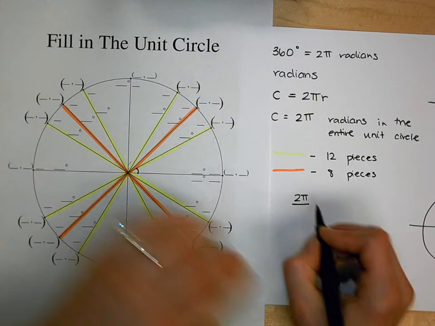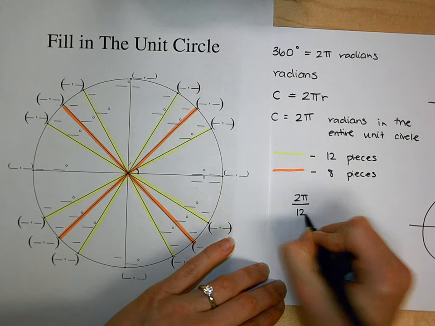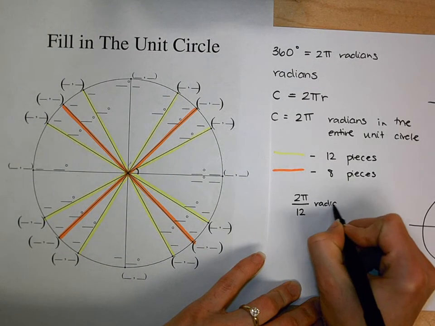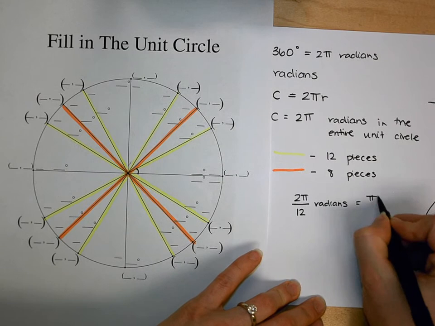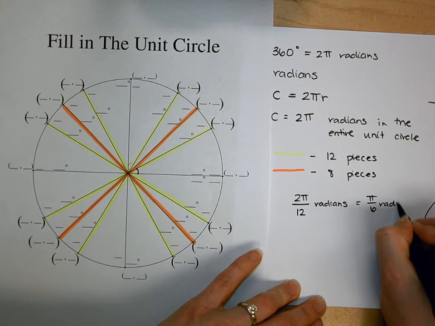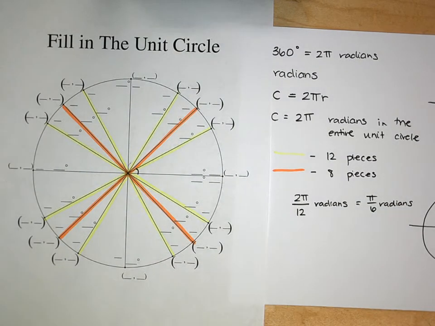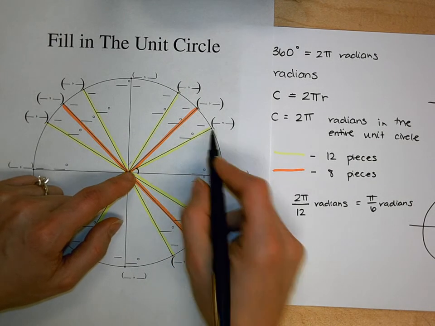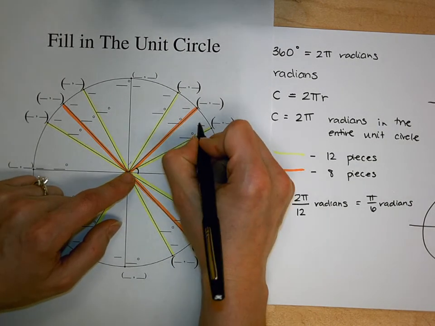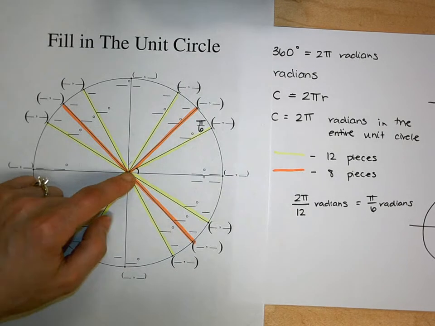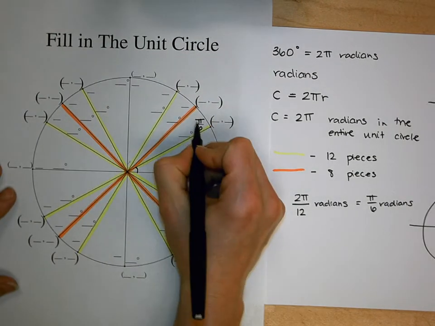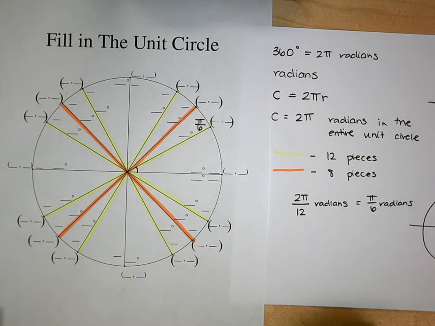So each one of them is 2 pi over 12 radians, and of course that simplifies to pi over 6 radians. That means this first angle that I have here is a span of pi over 6. So I'm going to write that in there, using these little lines as my fraction mark. So pi over 6 is the first angle there.